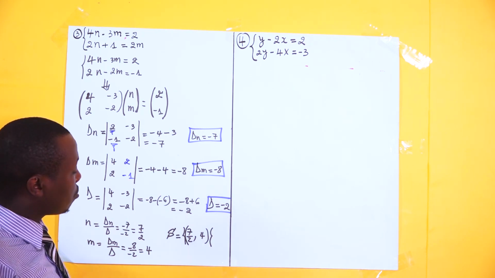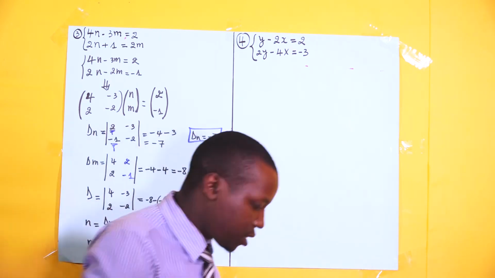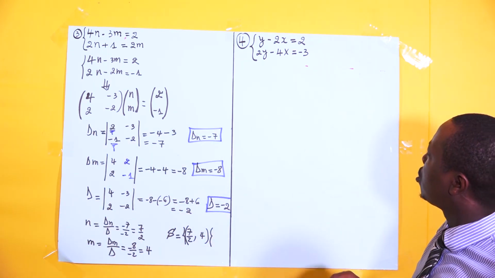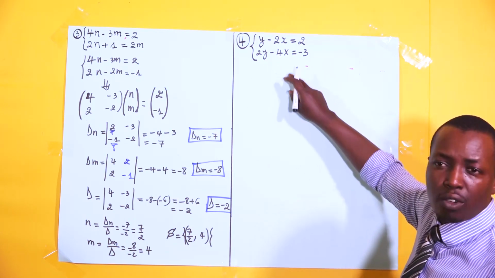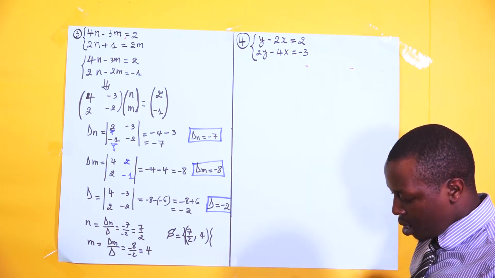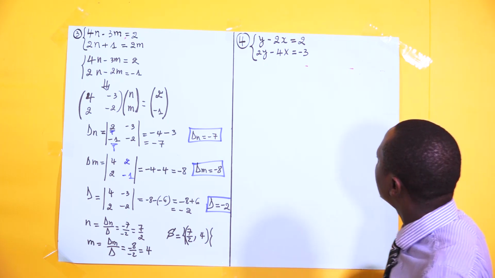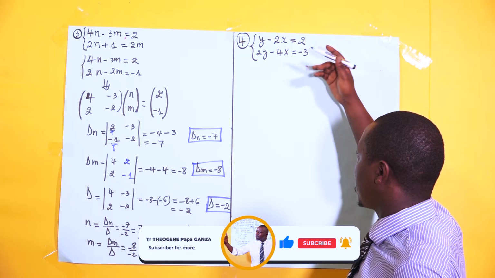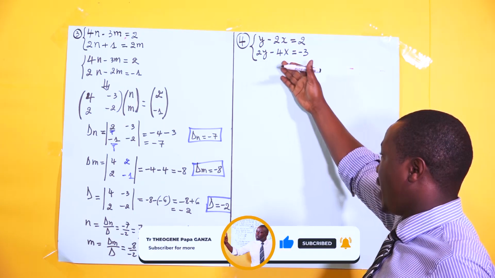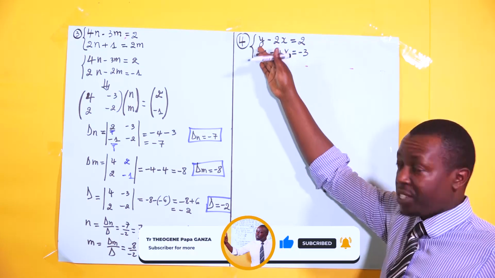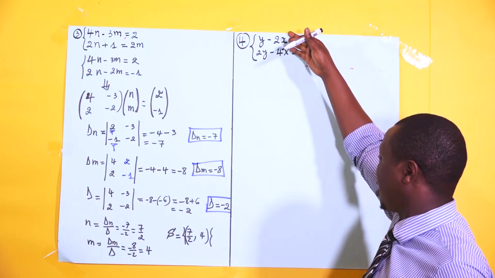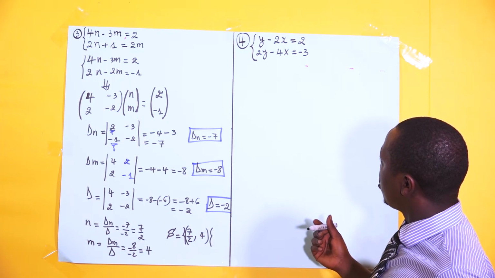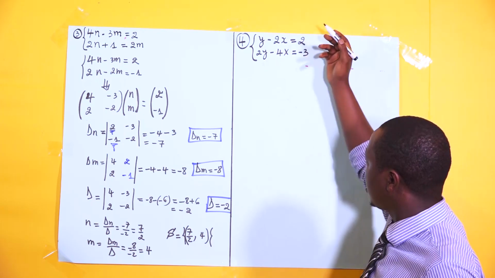Let's go to question number 4. Question number 4 says, y minus 2x equals 2, and 2y minus 4x equals negative 3. Here, in the same way, you can change, because you are seeing that the y's are lined up, as well as the x's.